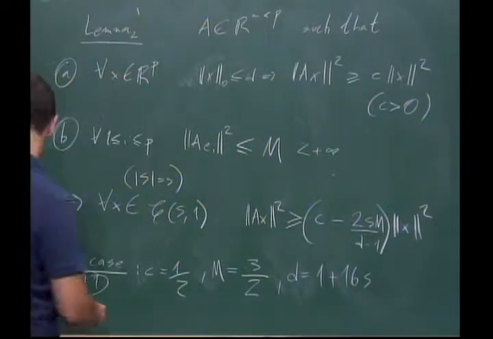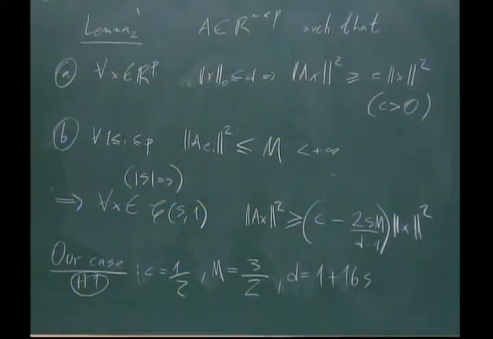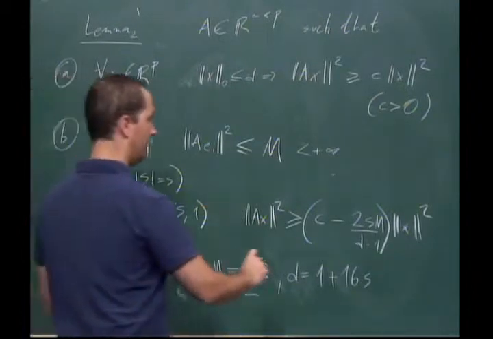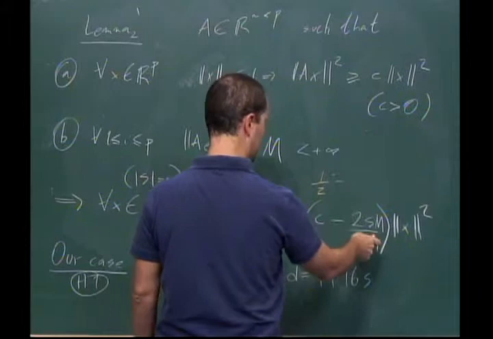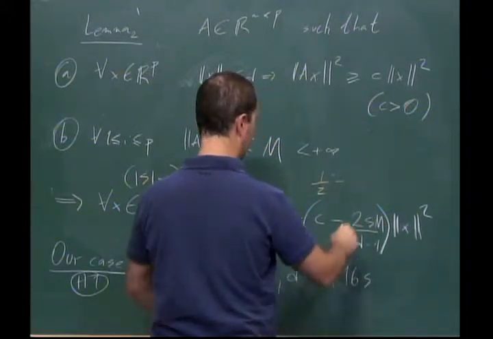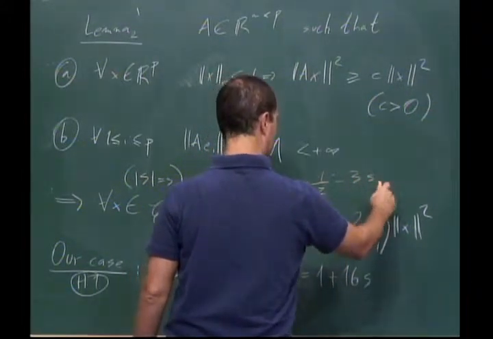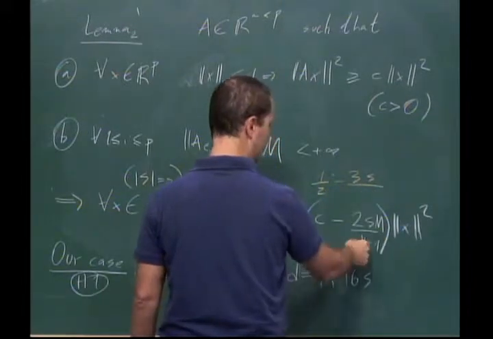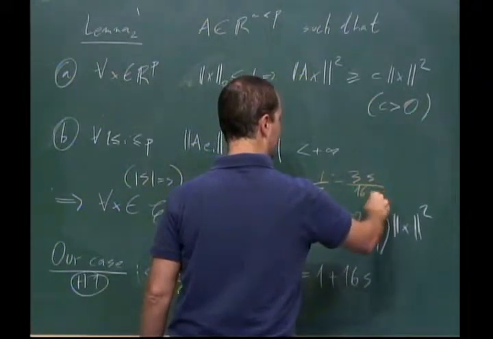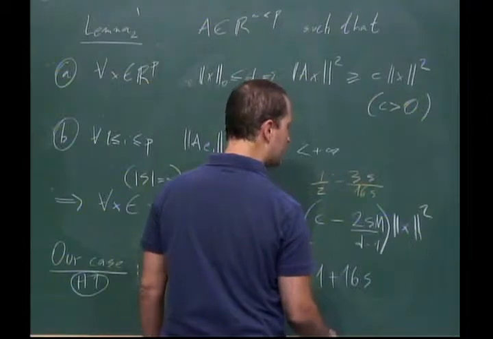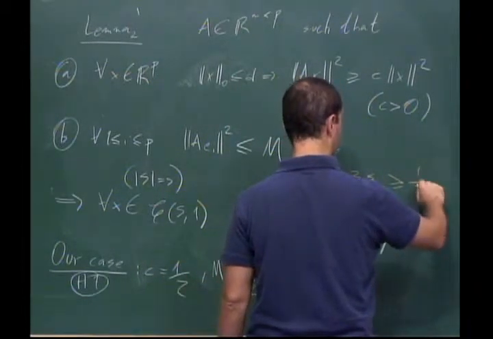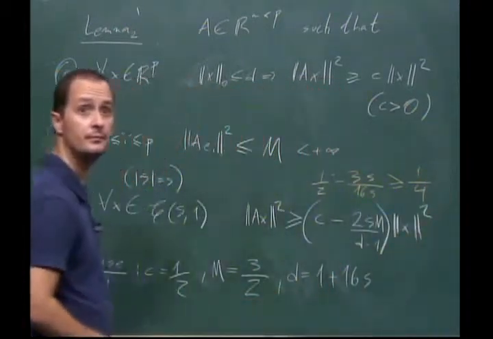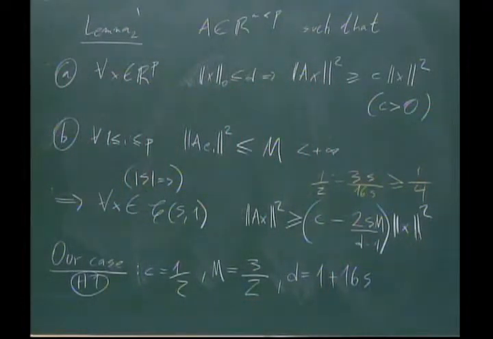Well, you're going to have here that this is 1/2 minus 2 times m, which is 3/2, which should be 3 times s, divided by d minus 1, which is just 16 times s. And this should be greater than 1/4. Actually, you could take 12 here and be fine. This is the 1/4 that's going to show up here.